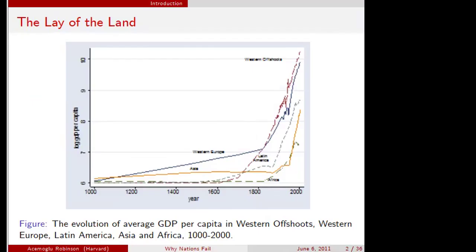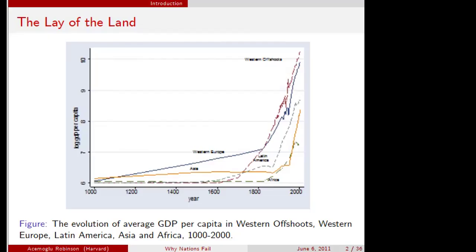But then something happened, something around the 1700s and 1800s. Suddenly, the Western offshoots, such as America, Canada, Australia, and New Zealand, just shoot up at a tremendous speed. Western Europe also followed, and Latin America moved up, but much more slowly, as you can see in this chart.